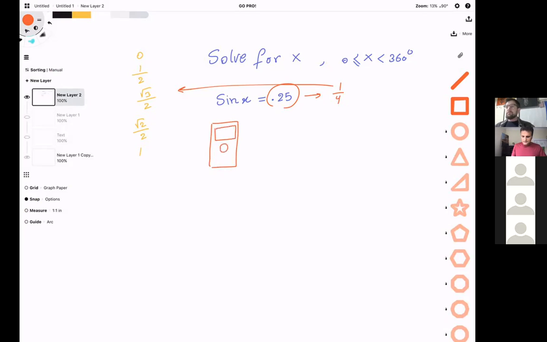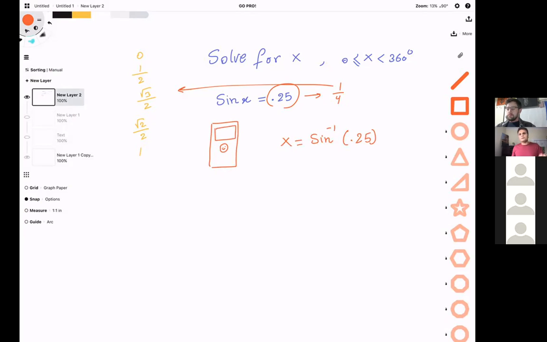On the calculator, there is a button here. The button is inverse. So x will be equal to sine inverse of 0.25.